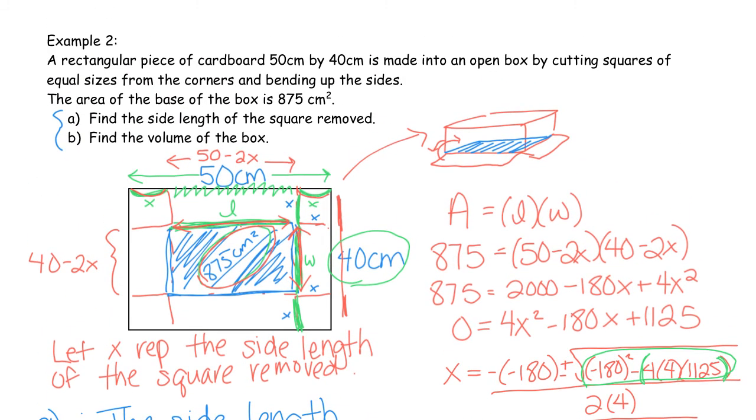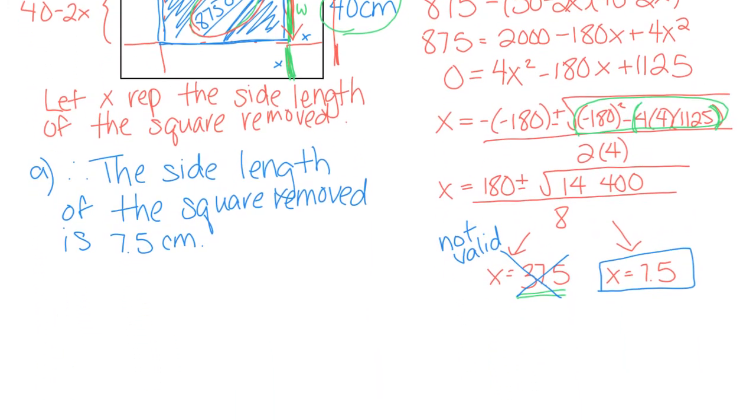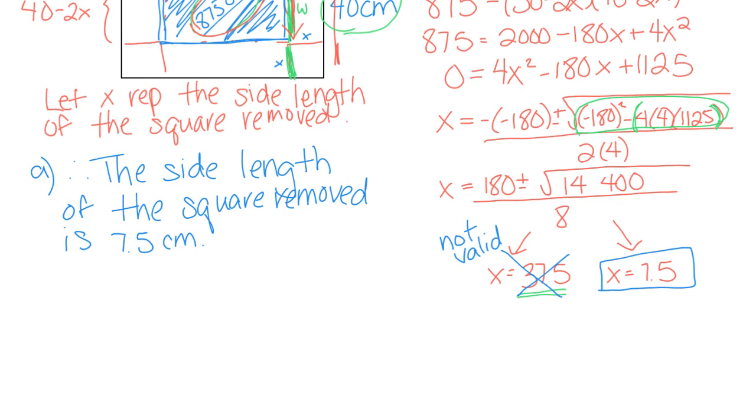Okay, and then we're going to take a look at question B. So question B asked us to find the volume of the box. Okay, so for B, we know that volume is equal to length times width times height. Okay, and so we know that our length, all right, so going back to our diagram, maybe I'll just draw a quick one right down here.